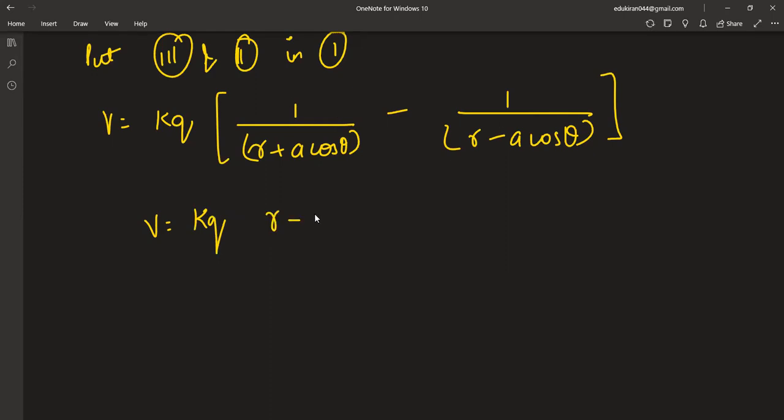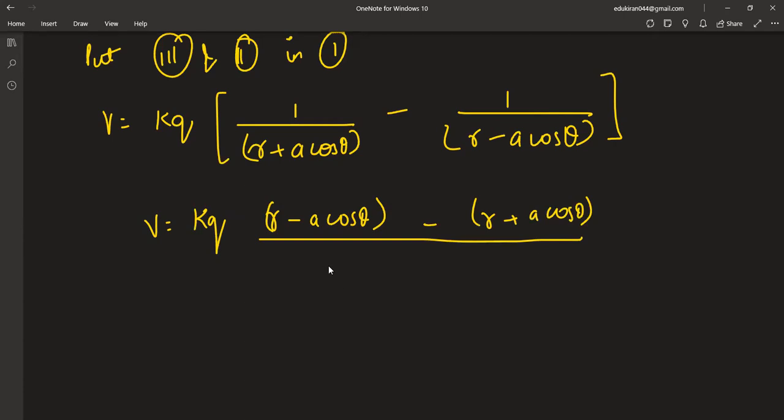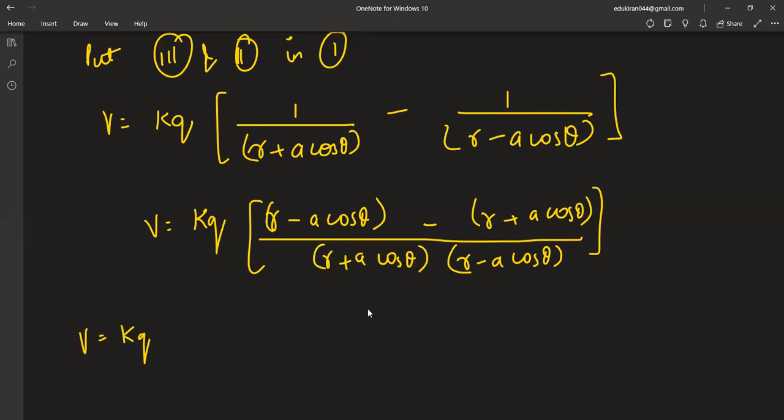Let's take the LCM. R minus A cos theta minus R plus A cos theta, divided by R plus A cos theta into R minus A cos theta. So potential will be equal to, let us open up the brackets. This becomes R minus A cos theta. This is minus, that becomes minus R minus A cos theta.